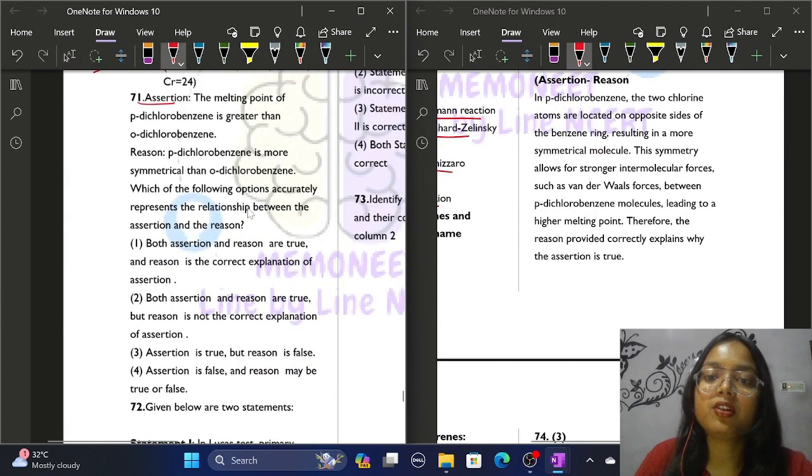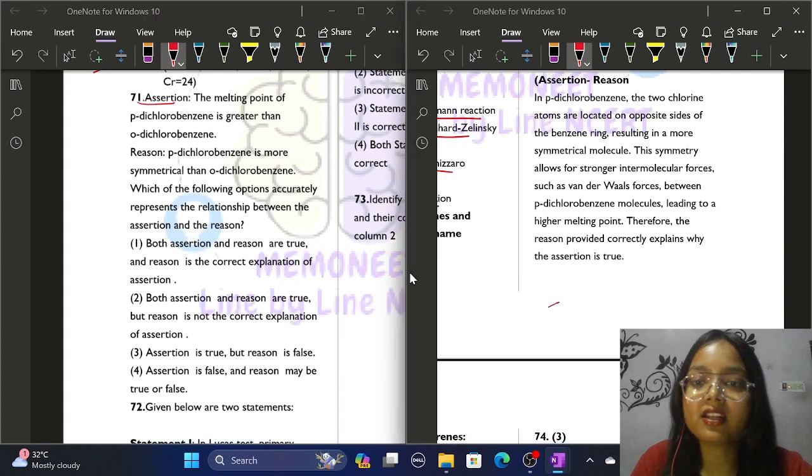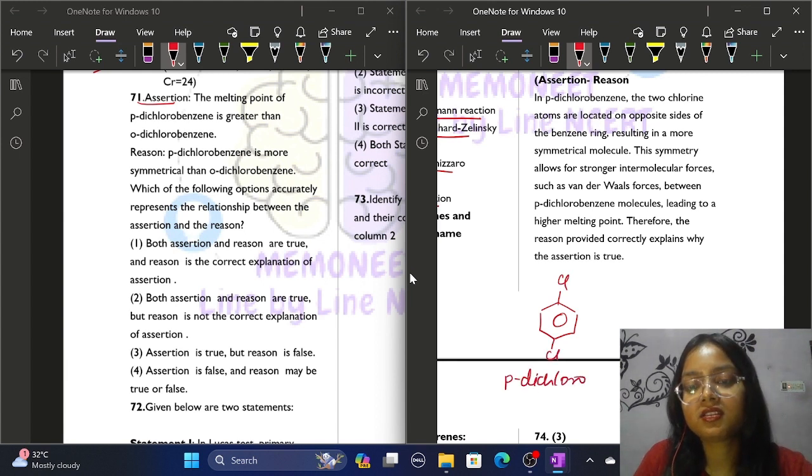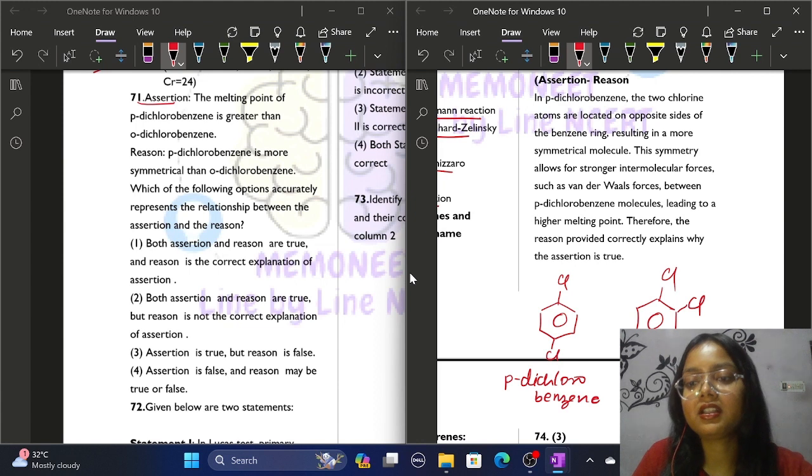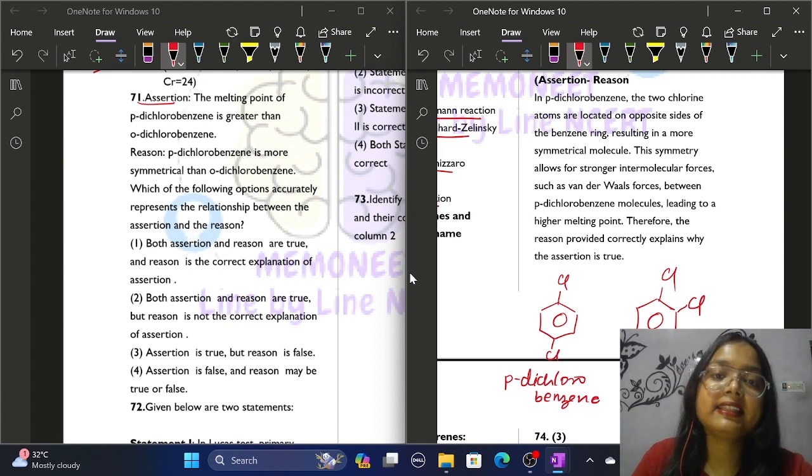Why? Because let's draw the structure of paradichlorobenzene first. Then we draw the structure of orthodichlorobenzene. The reason is that it has a high melting point because it is more symmetrical in nature.